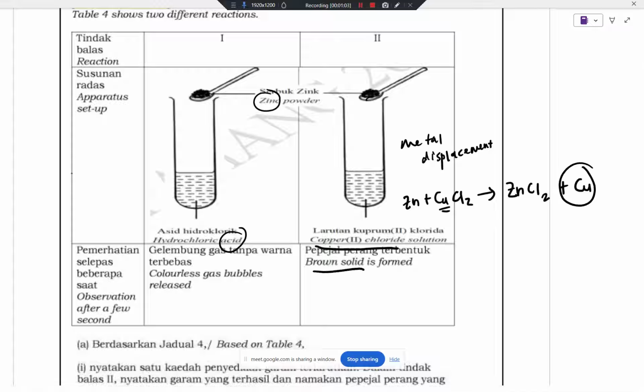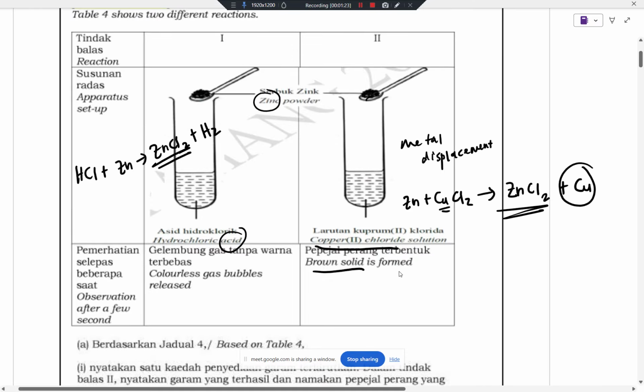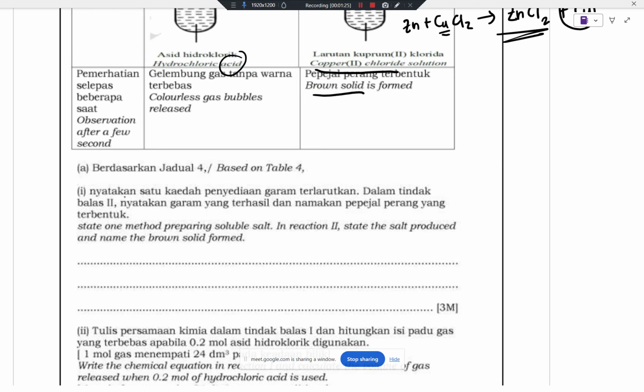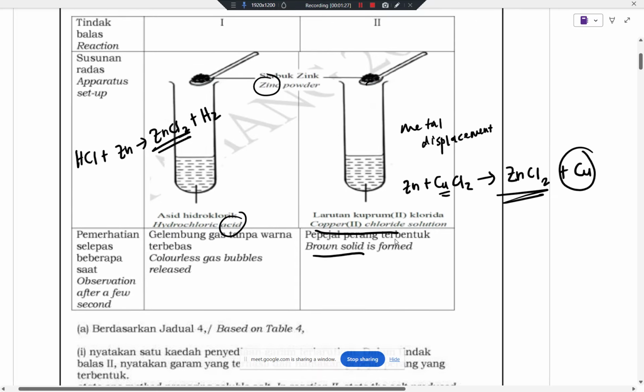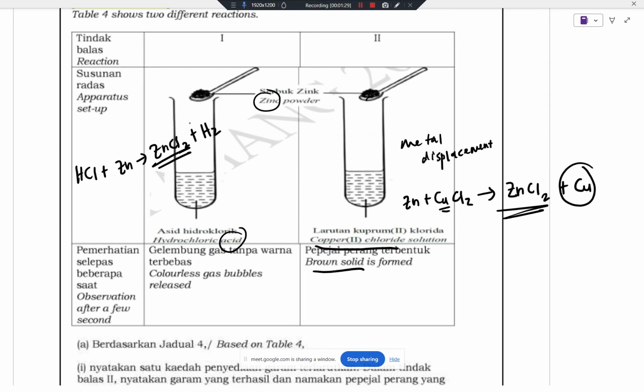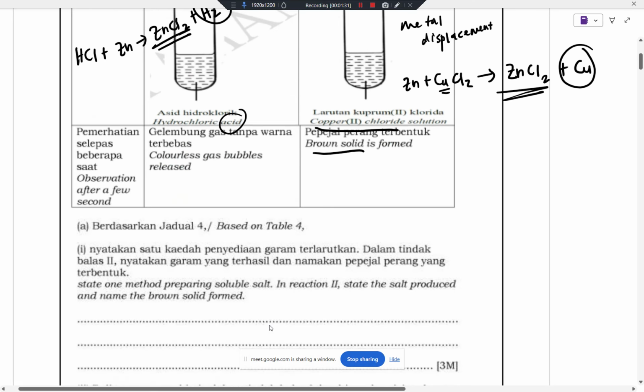And here, your hydrochloric acid, you add zinc, it's going to form zinc chloride as well, but it also forms hydrogen gas because metal plus acid gives hydrogen gas. So in both reactions, we got the salt zinc chloride. And the colorless gas bubbles released here mean it is hydrogen gas.